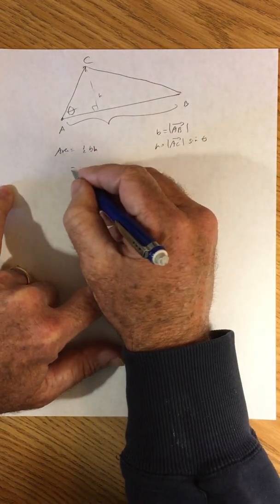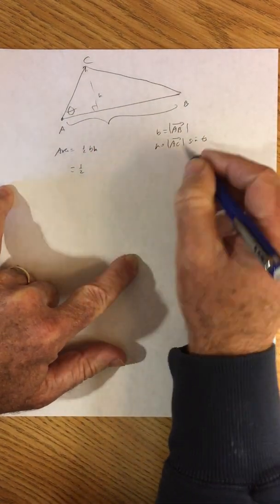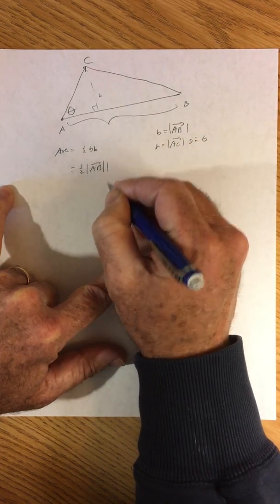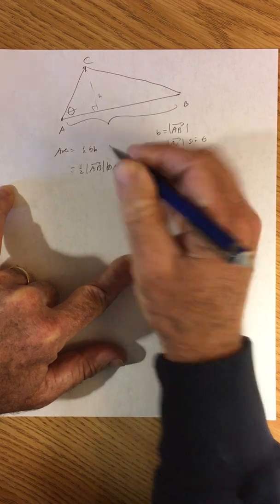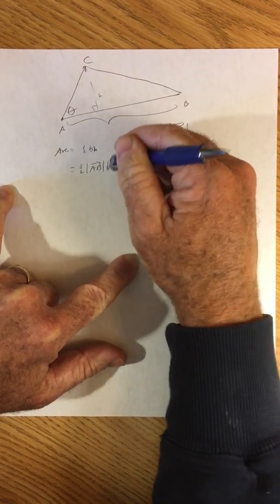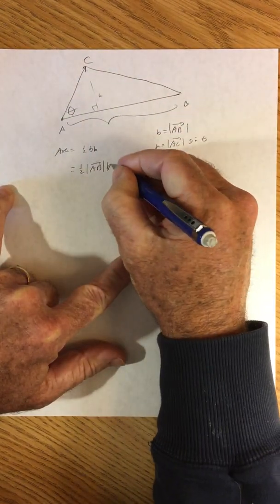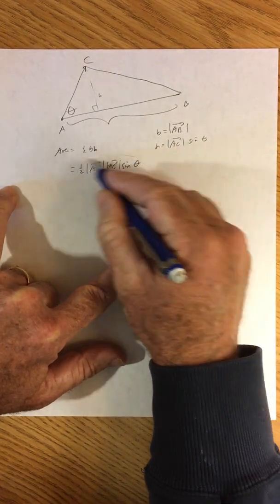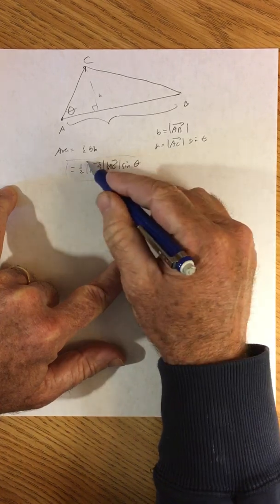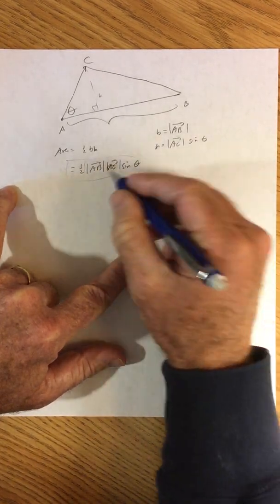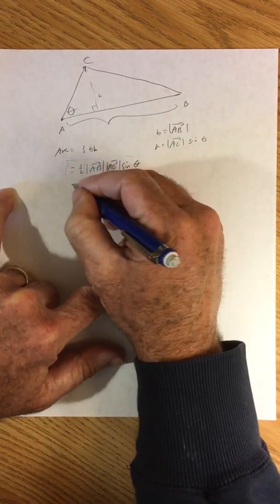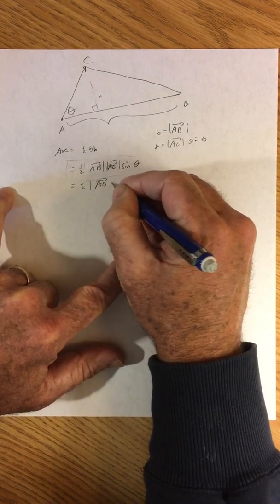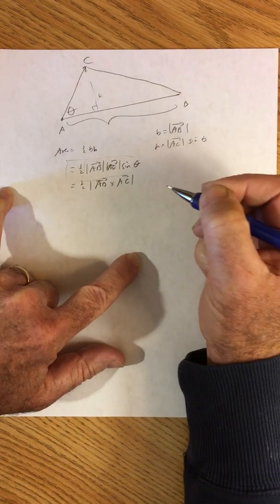So this can be thought of as 1/2 times the base times the height. Which, of course, this is not the 1/2, is the definition of the magnitude of the cross product of AB and AC.